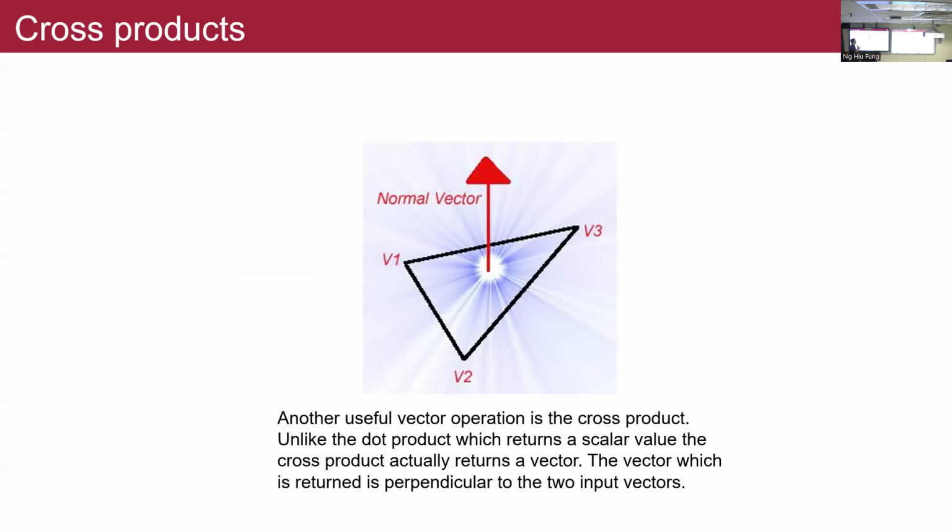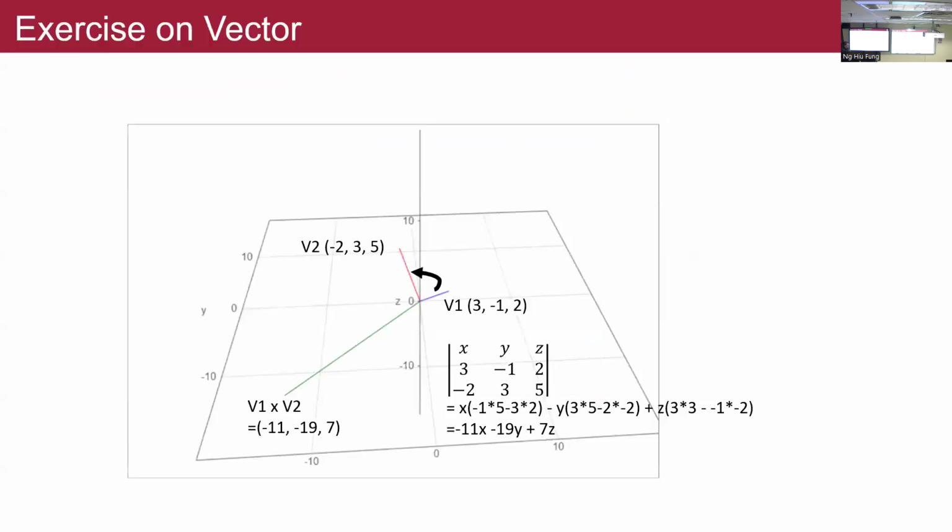Cross product is like this. For example, we have two vectors, and I want to know the normal vector that is perpendicular to this triangle, to this face. Then I will use the cross product. The calculation of the cross product is just like this one.